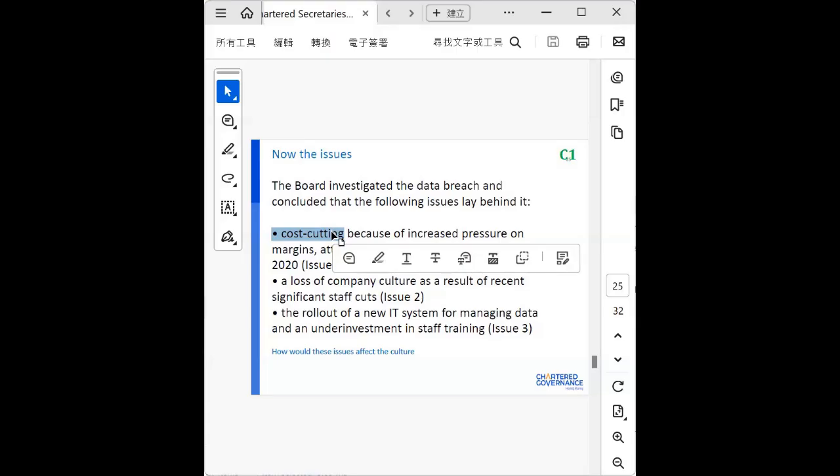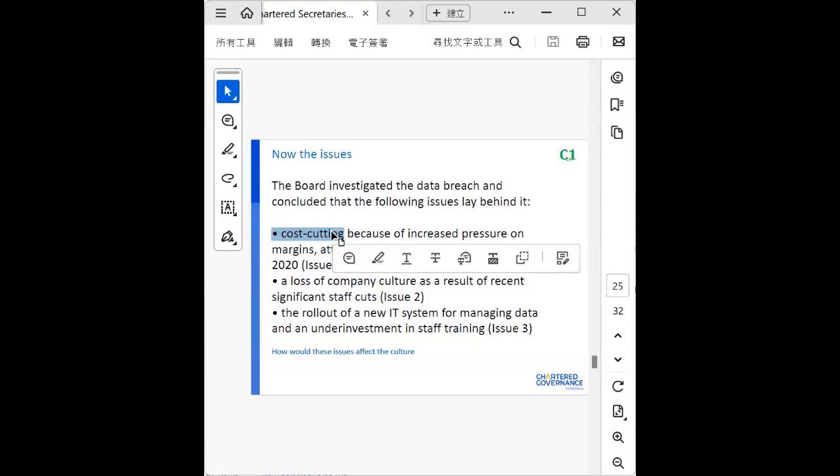So it's about risk management, that sort of thing. You can discuss various consequences. Again, it's not anywhere in your notes. You have to show you understand the consequence of these things on the culture.